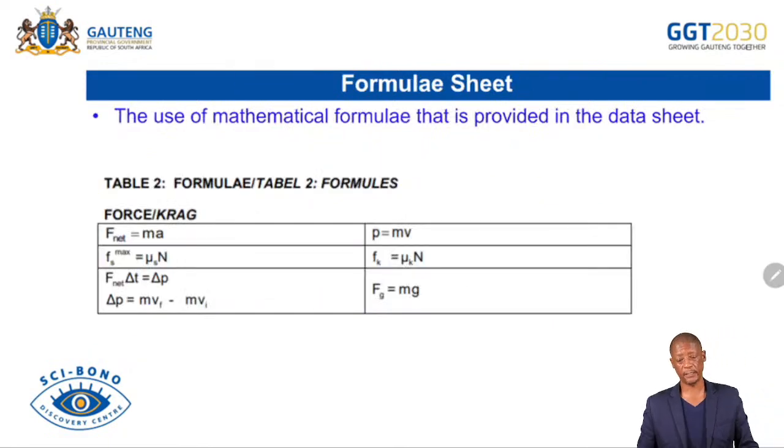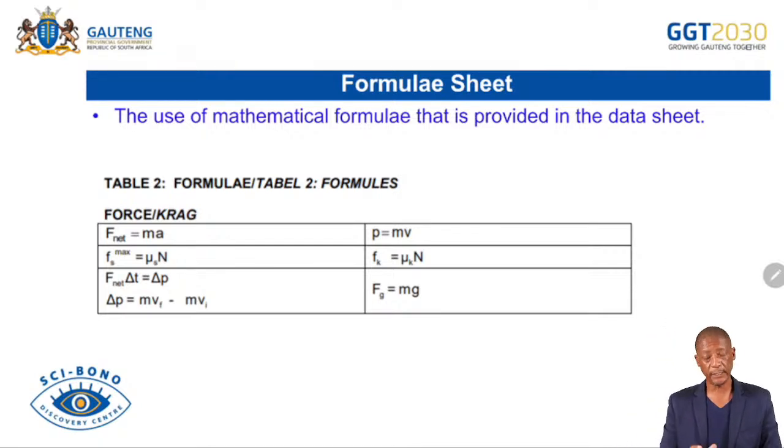Now, this is the data sheet or a formula sheet that I'm talking about. If you look at the formula sheet, this has been extracted from the data sheet that we are using at the end of the year, or at the back of the question paper, or in our exam guideline.